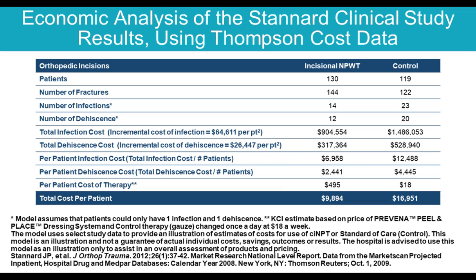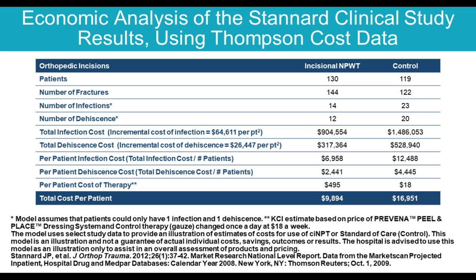But we know that treatment of one of these infected lower extremity trauma patients can be quite expensive, as they need additional surgery, oftentimes several additional surgeries, increased postoperative wound care, oftentimes IV antibiotics for an extended period of time. So this used the Thompson cost data, which put the average cost of one of these infections at $64,000.